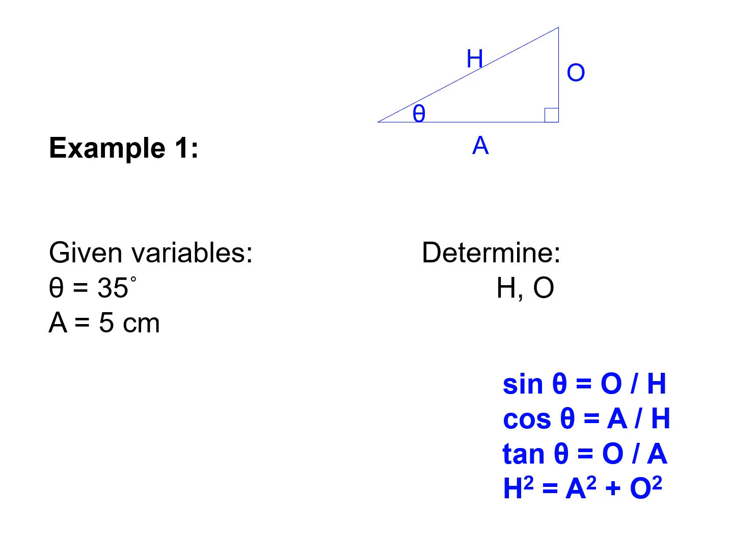So let's look at this one right here. We're given two variables. We're given theta, and we're given the adjacent side that is equal to 35 centimeters. I need to figure out the opposite side and the hypotenuse. So I have to figure out, what do I want here? So let's look at our equations.